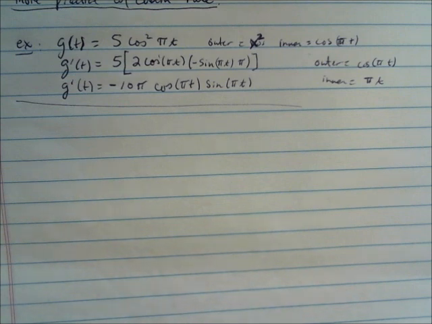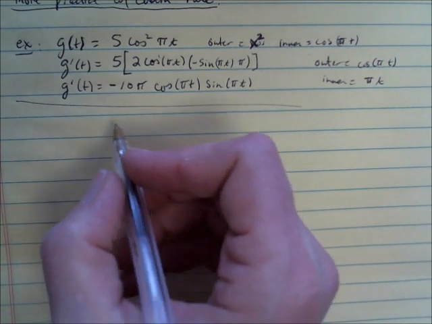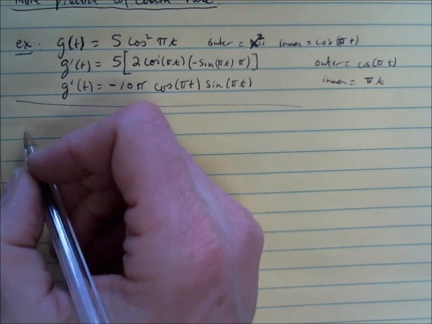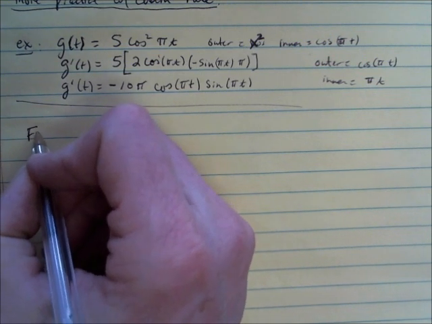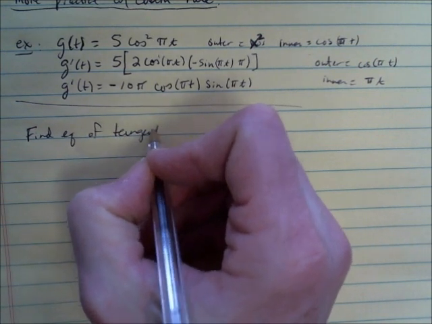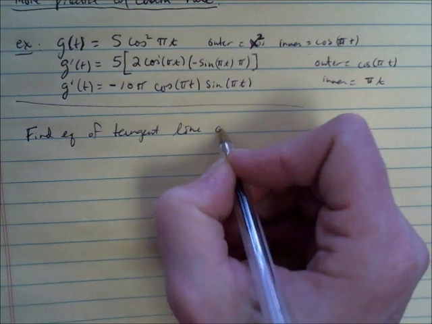The next example we're going to do is we're going to actually find an equation of the tangent line at the given points.